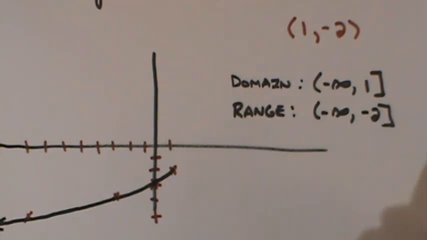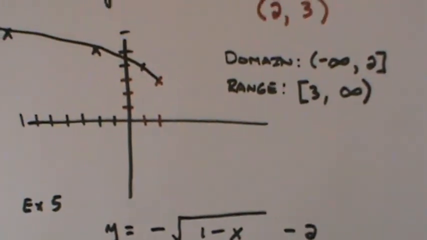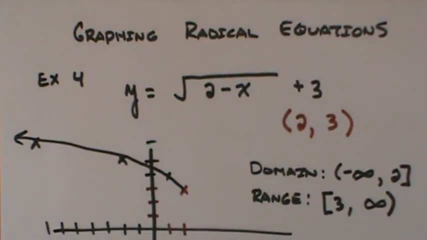So I'll put the bracket there. And that gives us 5 examples now on how to graph radical equations. I think I'm going to do a couple more just to make sure that you understand how to graph them. This concept is not terribly difficult, but it is something that you want to have in your back pocket. You want to be able to graph radical equations.